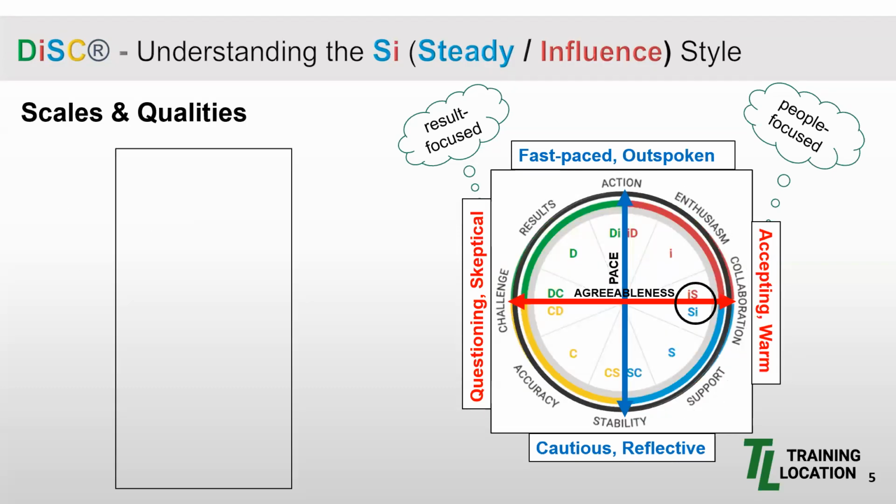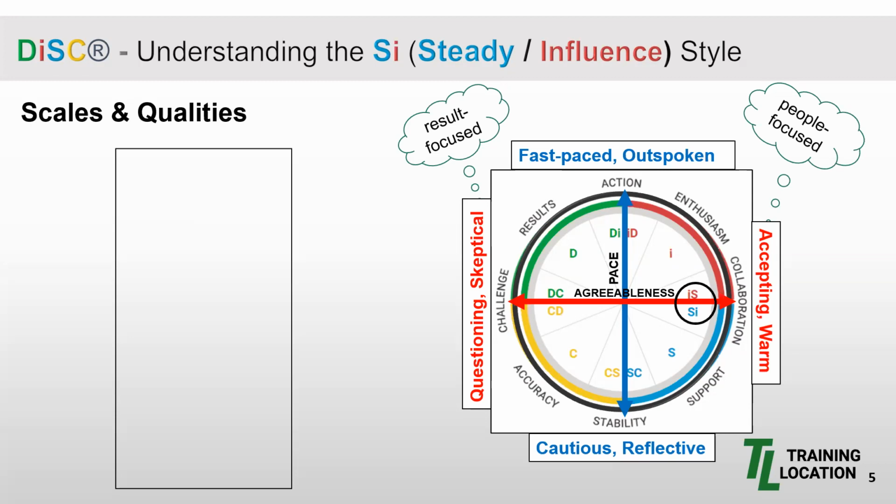Next, we consider the qualities of the SI style. These are similar to core needs that we've talked about before. However, they're less unconscious and more at the surface, near conscious, observable behavior. Now, the qualities vary and are represented in scales. Here's a note. Due to the pairings of style to form a particular scale, you'll notice that these dual letter designations are shared with their neighboring dual letter mirror.